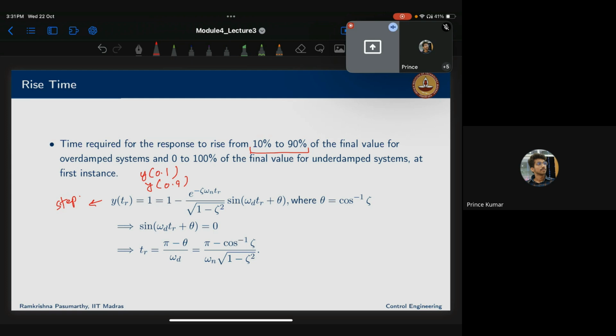Then we substitute both. That means y of tr is y of 0.9 minus y of 0.1. This is what we get for the tr value, the time taken for the response, which is (pi minus theta) by omega d. Hope this is clear. That is called the rise time.